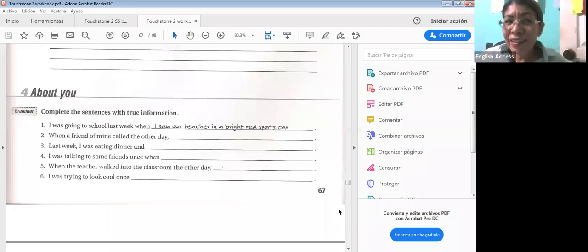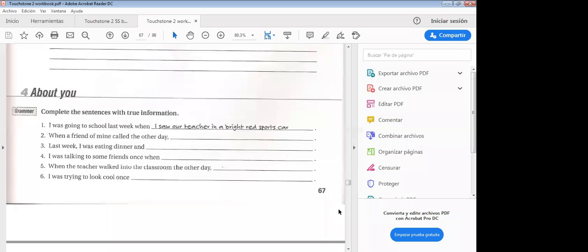There are many activities, Damaris. Think about activities that you do in the classroom with your classmates. So what were you doing?